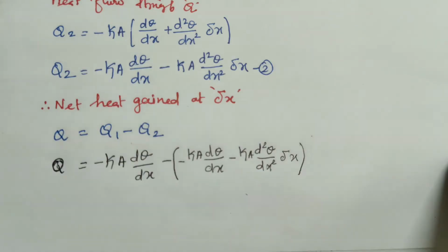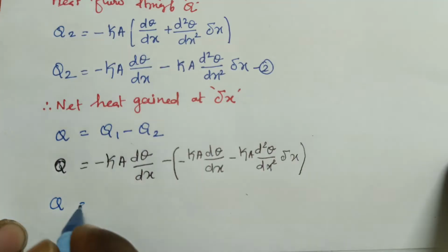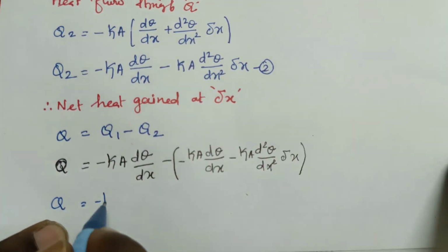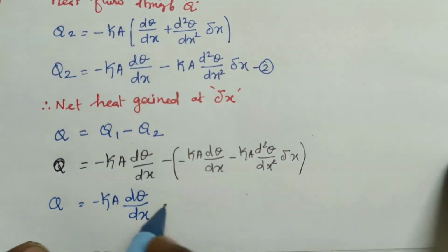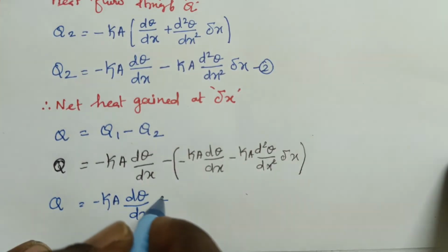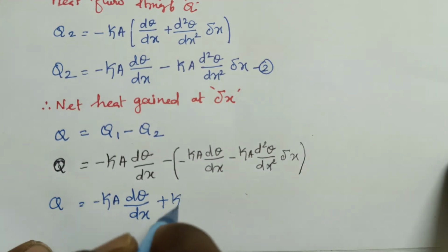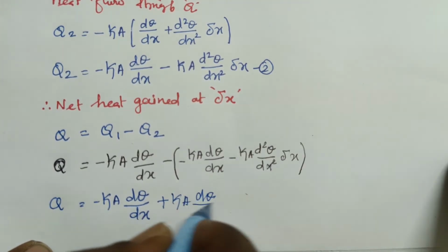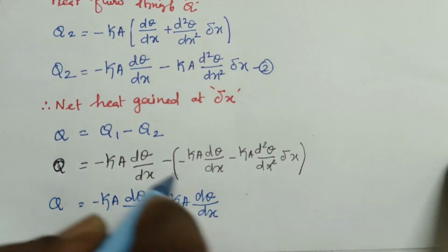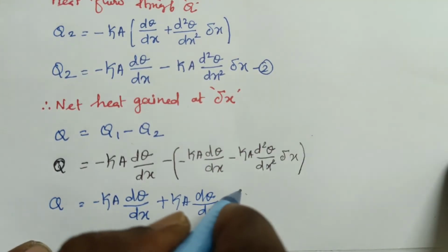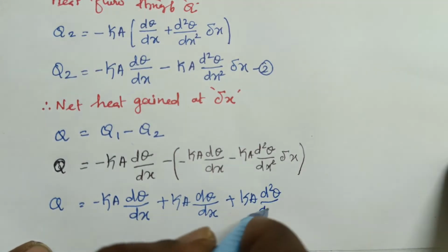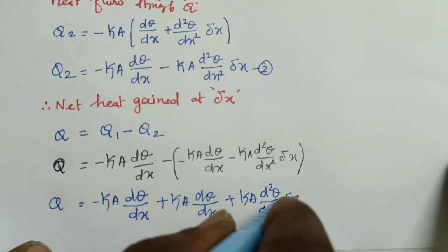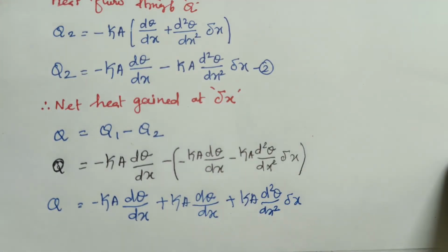Then you can simplify the equation: Q is equal to minus Ka d theta by dx, minus of minus becomes plus, plus Ka d theta by dx plus Ka d square theta by dx square into del x.